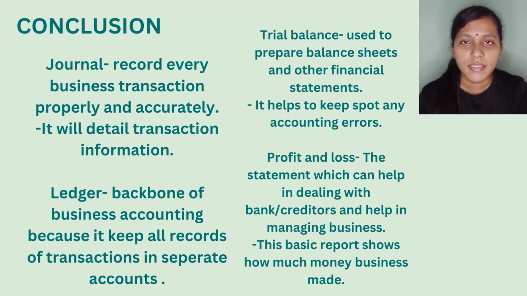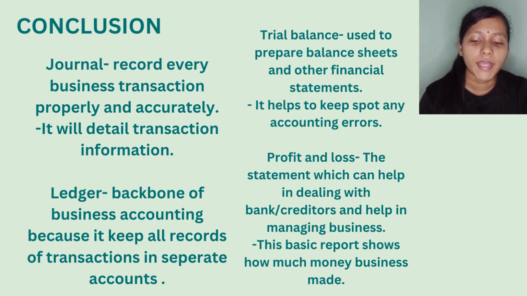The second one is the ledger, which is the backbone of business accounting because it keeps all records of transactions in separate accounts. The third one is the trial balance, which is used to prepare the balance sheet and other financial statements, and it helps to spot any accounting errors.